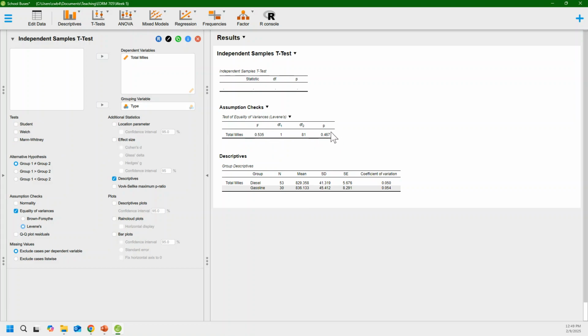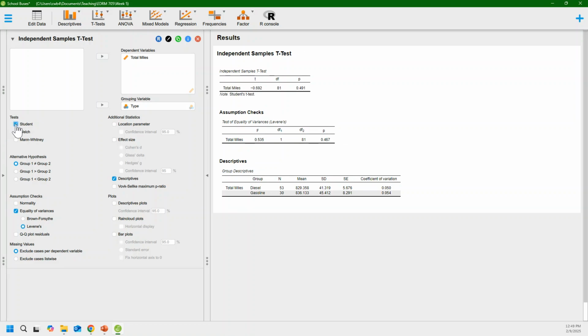That means we would fail to reject this test of equality of variances, and we can say that our variances are acceptably equal, right? So we can go forward and use Student's t-test in order to draw conclusions about the difference in those population means, all right? And so I've selected Student for my t-test.